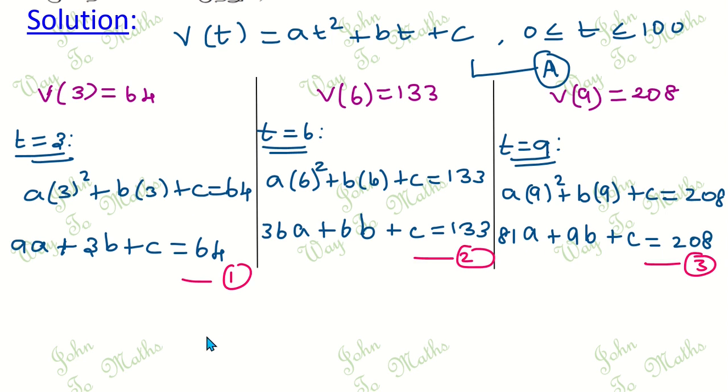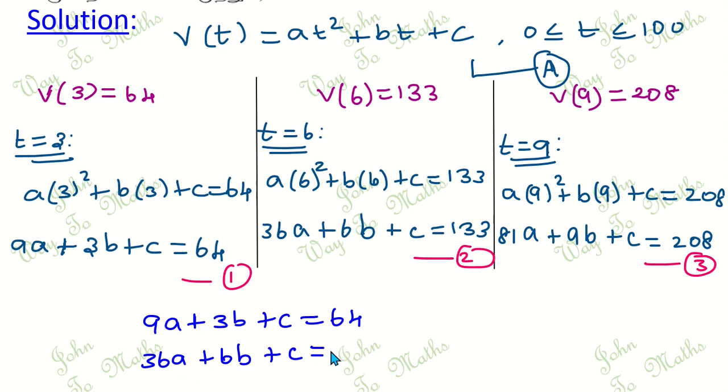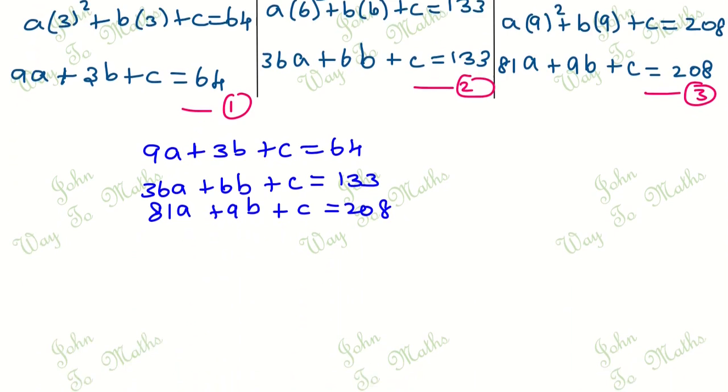Consider equations number 1, 2, 3. Here I am going to rewrite the equations. 9a plus 3b plus c is equal to 64. Then the second equation becomes 36a plus 6b plus c is equal to 133. Then 81a plus 9b plus c is equal to 208. So this equation can be written in the form of matrix.